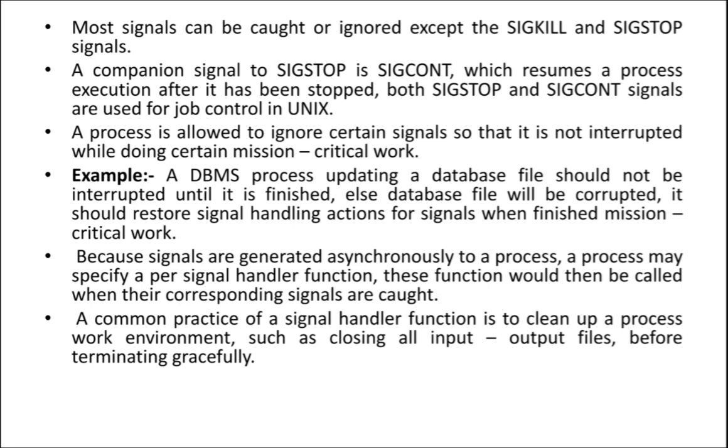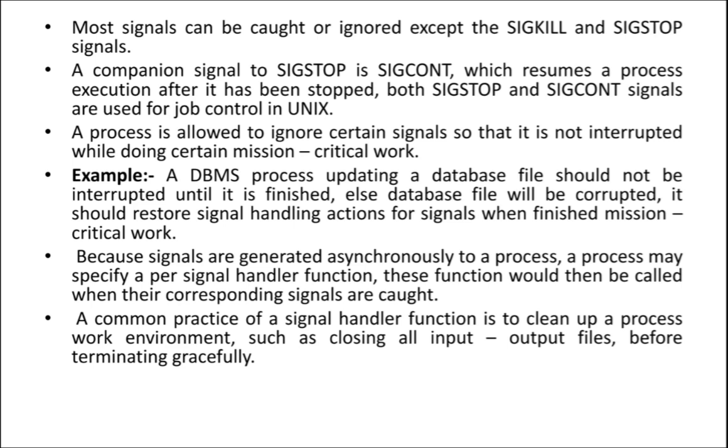At that time you have to identify the signals. How are you going to do that? By using the signal handler. The handler contains unique identifiers. By using that, you can identify the signals, and you can continue your work. You can catch your signals.